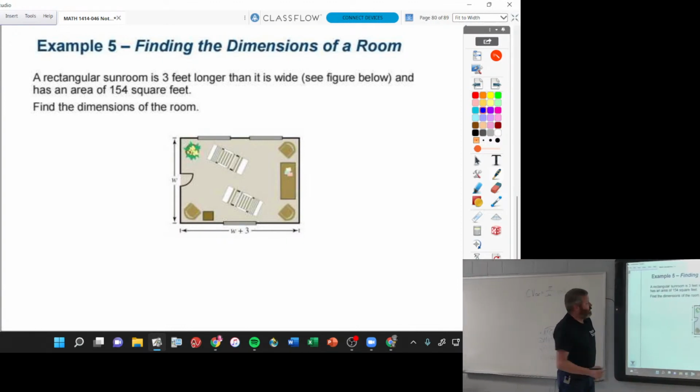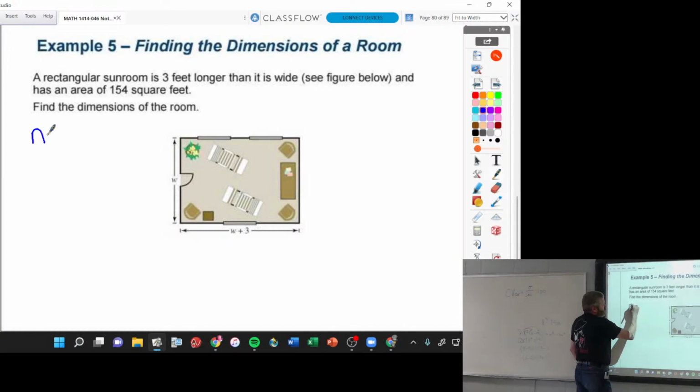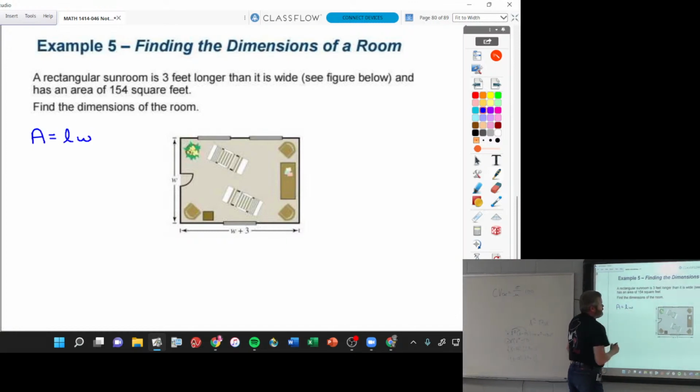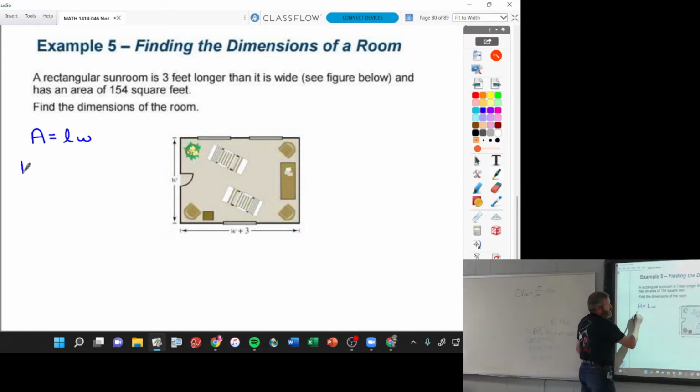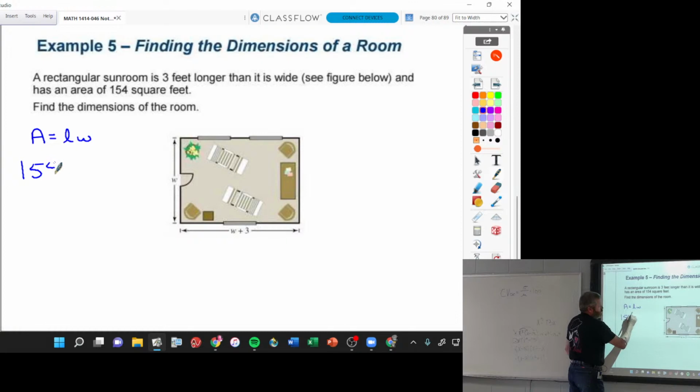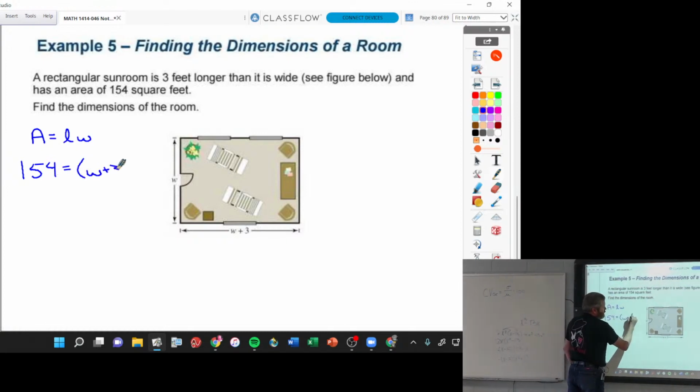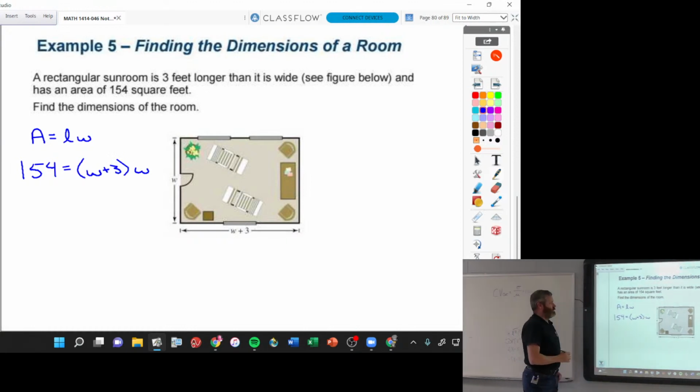Well, to find the area of a rectangle, the area is length times width. Well, here's what they've told us. They've told us the area is 154.